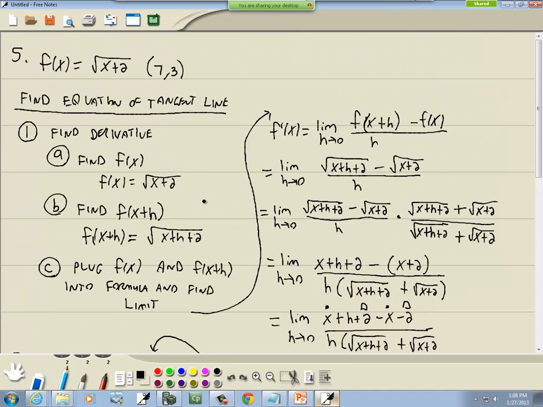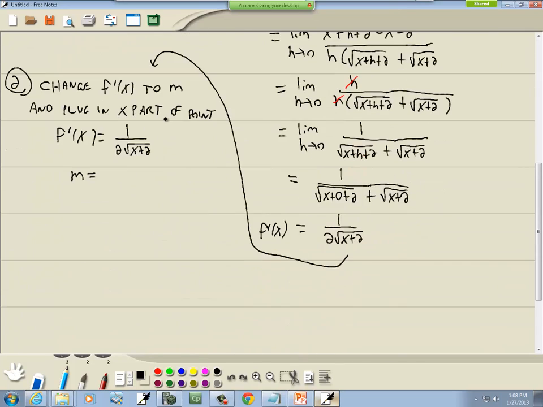Okay, if we come up here, the x part of our point is a 7. So we're going to plug 7 in for the x. So I come down here, I have 1 over 2 times the square root of 7 plus 2, which gives us 1 over 2 square root of 9. The square root of 9 is 3, which means we get m is equal to 1/6.